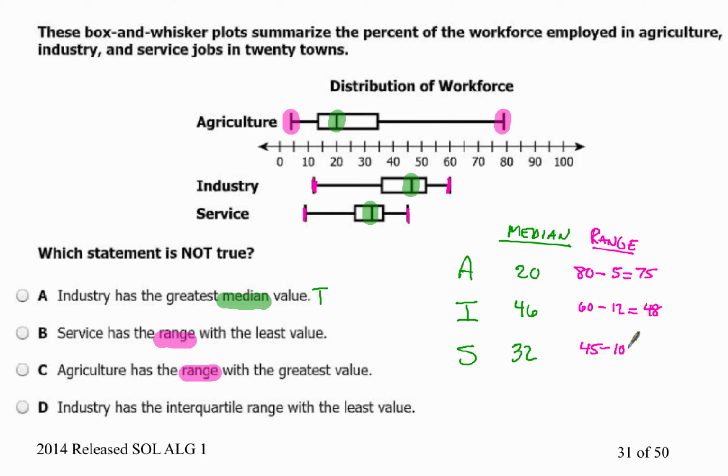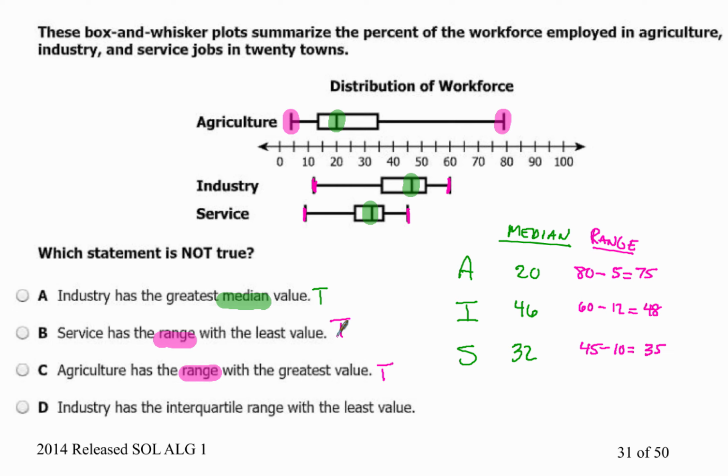It might be 9, but 45 minus 10 is 35. So choice B says service has the range with the least value. Service does have the smallest one, so that's true. And choice C says agriculture has the range with the greatest value, and the range there is 75, so that is also true.